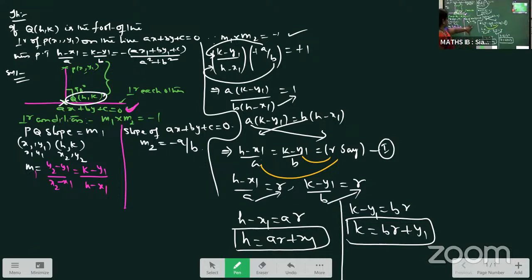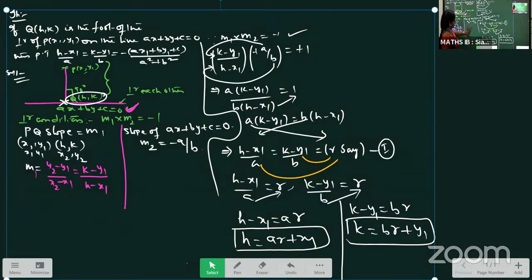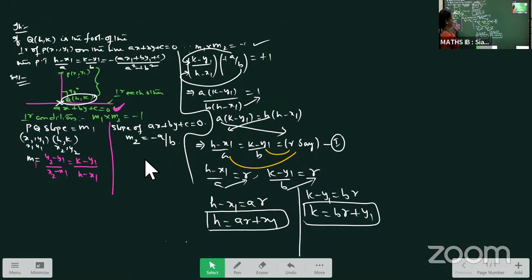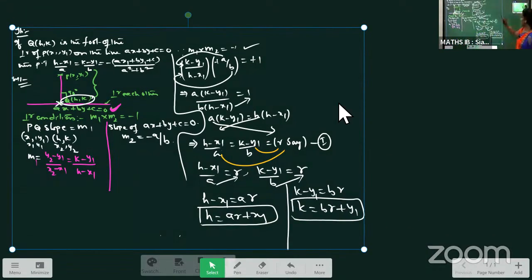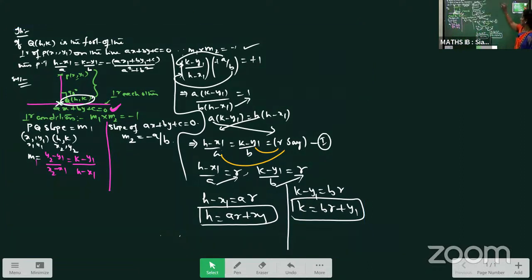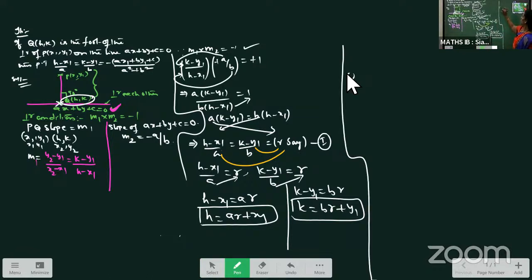See what we are observing here. Q h comma k lies on ax plus by plus c is equal to 0.